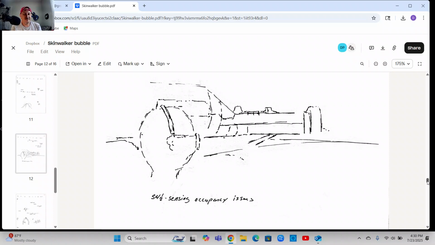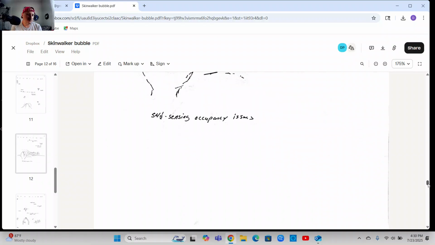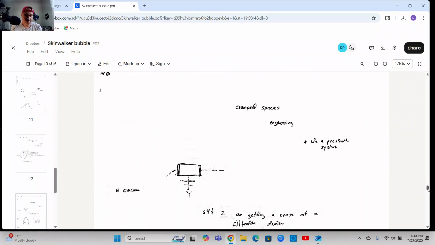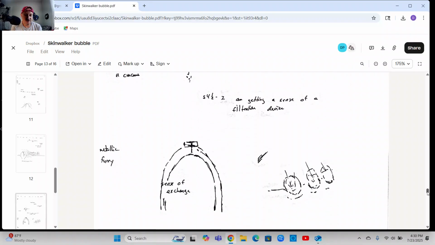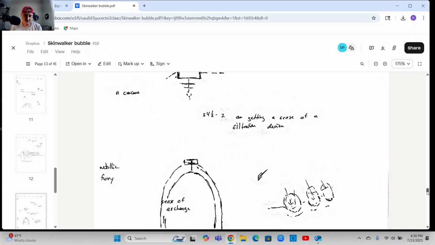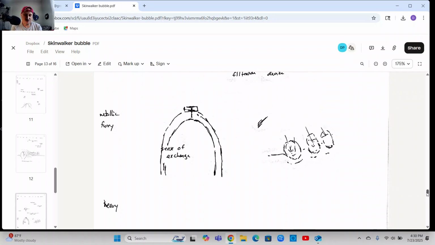What's interesting is I have stage 4.5 sensing occupancy issues. I got this guy looking out at some structures, land formation, like a pressure system. And this was interesting too. I'm getting a sense of a filtration device, a sense of exchange.